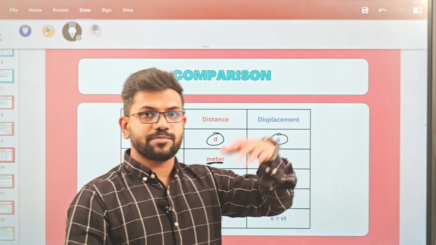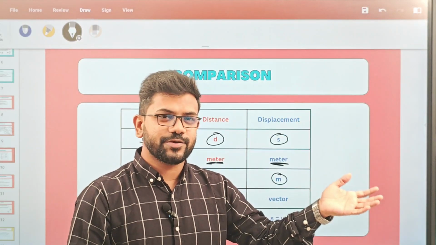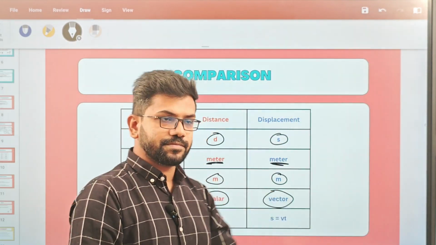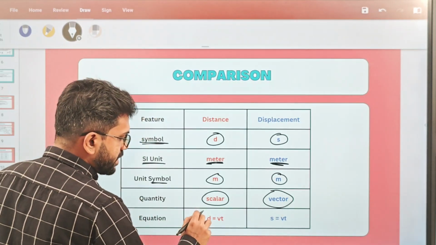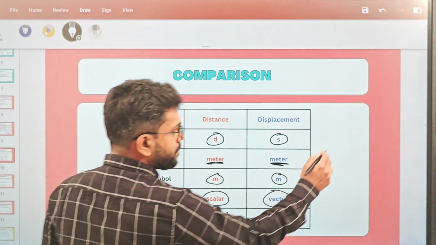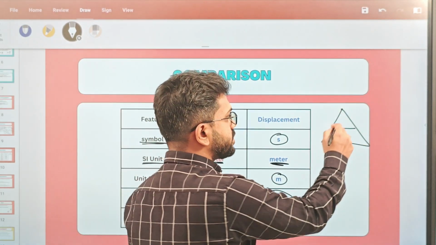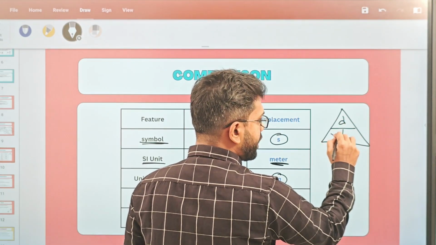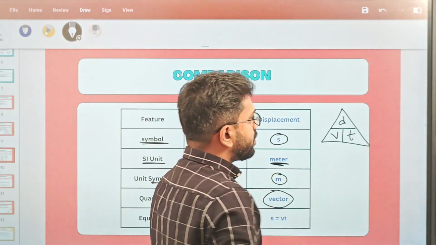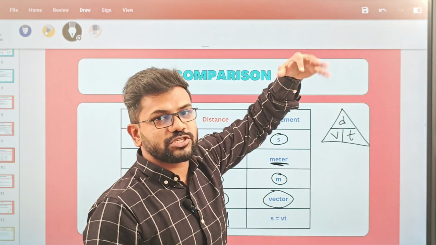Okay, as we learned in the previous slide, distance is a scalar quantity because it only has value, and displacement is a vector quantity because it has value and direction. Okay. Equation is distance is equal to speed multiplied by time, d equals v t. So from this one equation you can learn two more. Let's say distance is d, speed symbol is v, speed multiplied by time. If you draw a samosa like this, you can learn three different equations.